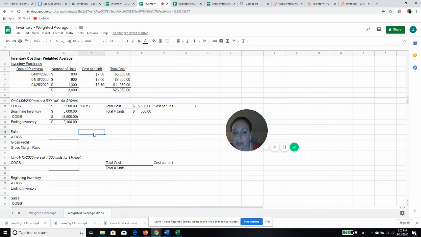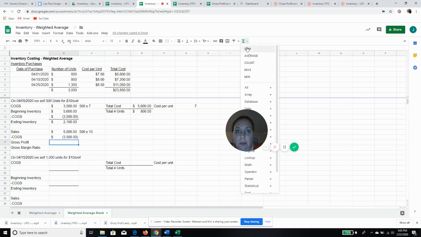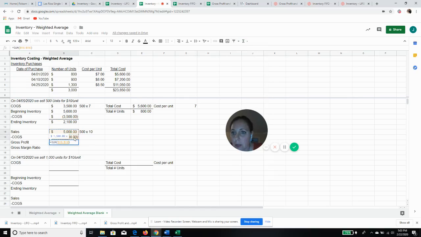Our sales are going to be the 500 we sold times $10 a unit that we're selling it for. That's our sales price. It's going to be 5,000 minus cost of goods sold gives us a gross profit of $1,500 and a gross profit percentage of gross profit divided by 5,000, a gross margin ratio of 30%.